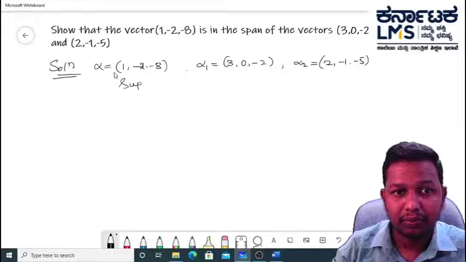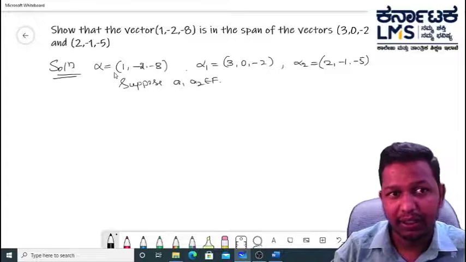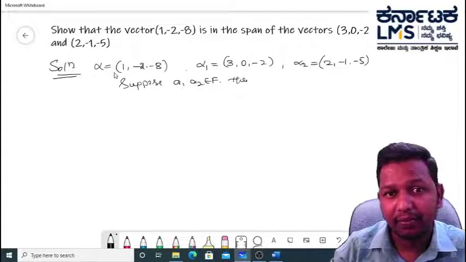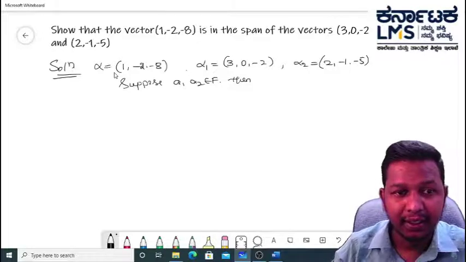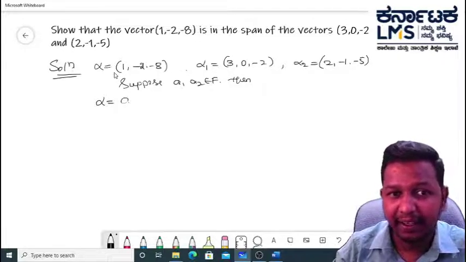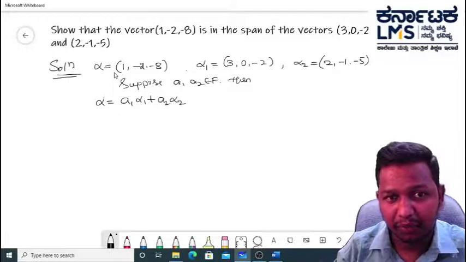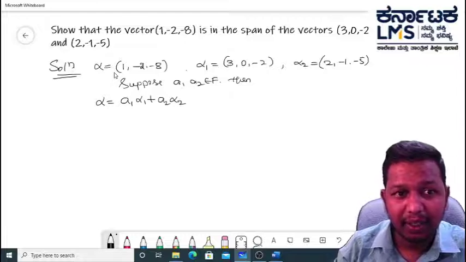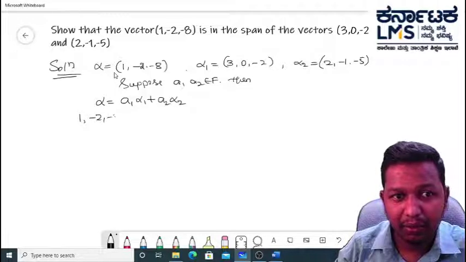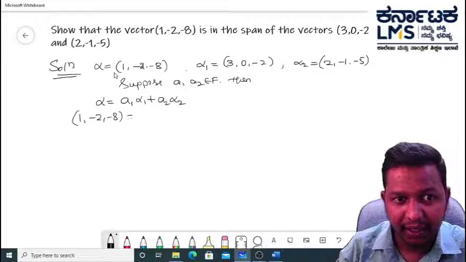Suppose a1 and a2 belong to F. Then consider alpha as a1 into alpha 1 plus a2 into alpha 2. Alpha value is (1, -2, -8), and write a1 as it is.